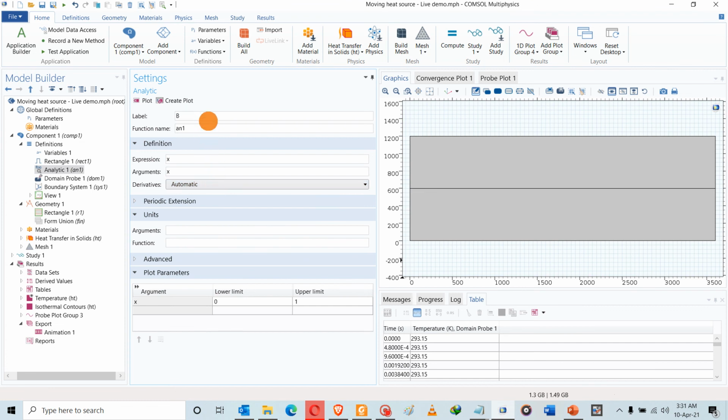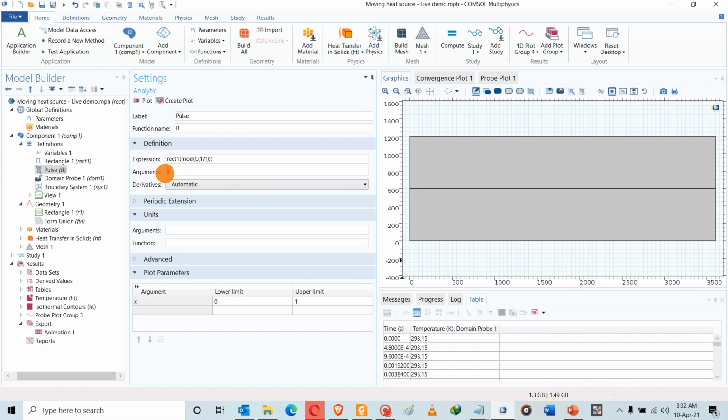Let's call it pulse, and call this B. The expression is a rectangular function, rect1, and what they did was to modulate the beam for a time up to the period, which is 1 over pulse frequency f, close these brackets.